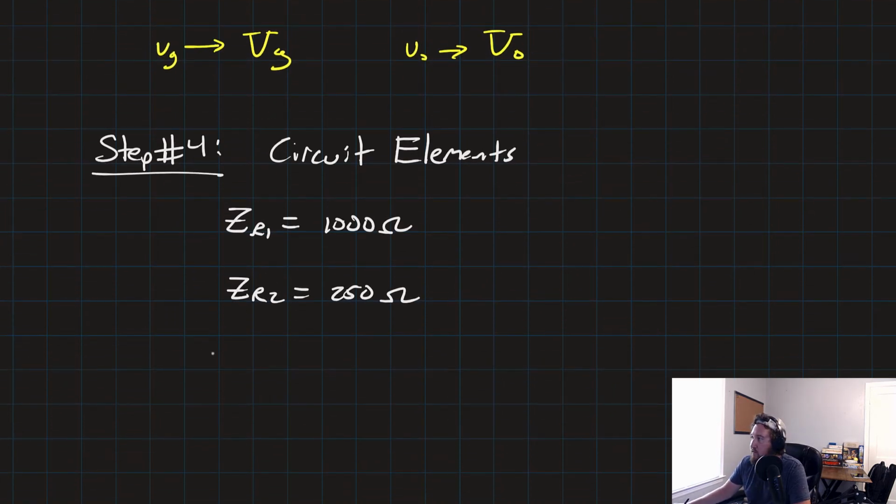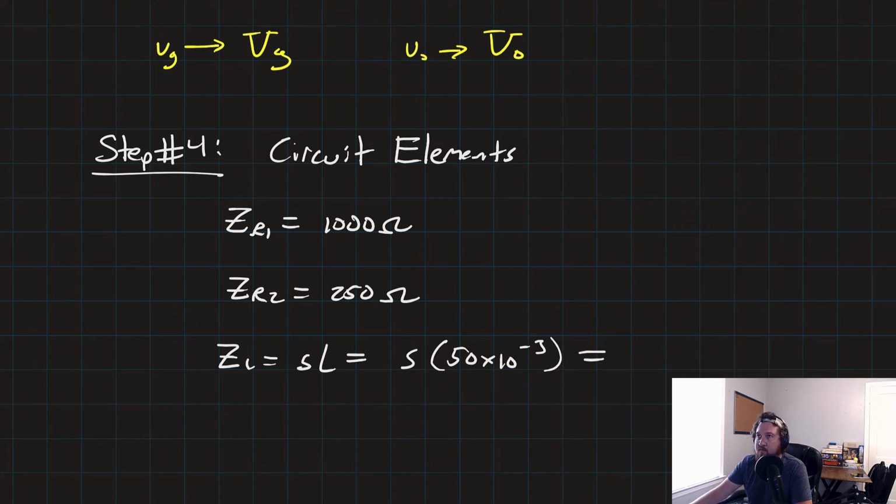Now our Z for the inductor, Z sub L, don't forget, is equal to sL, which is going to be equal to s times 50 times 10 to the negative third, since it was 50 millihenries, which I'm going to go ahead and simplify to be s over 20 ohms.